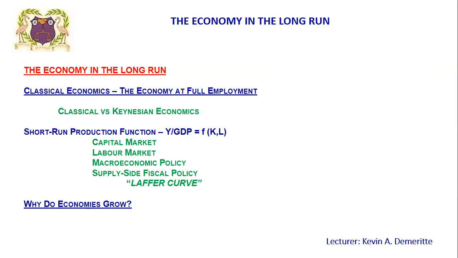And then how does that match up with the reality of what we see in our day-to-day existence in this particular economy? So we're going to start off by looking at, generally speaking, how any economy operates in the long run. What we call classical economics. And then we're going to look at what is called Keynesian, pronounced like sugar cane, Keynesian economics, which looks at short-run economics, or what happens when an economy is in crisis.